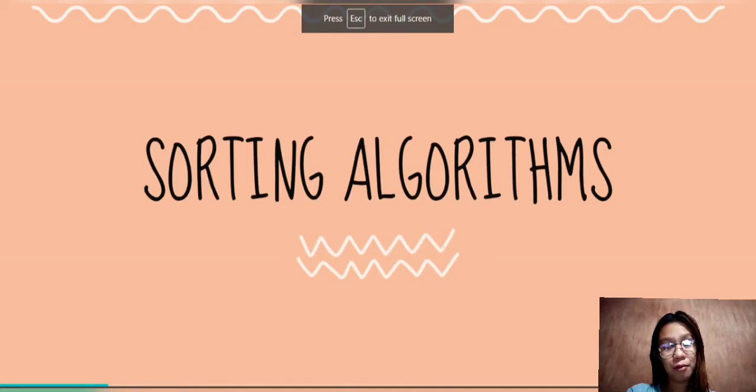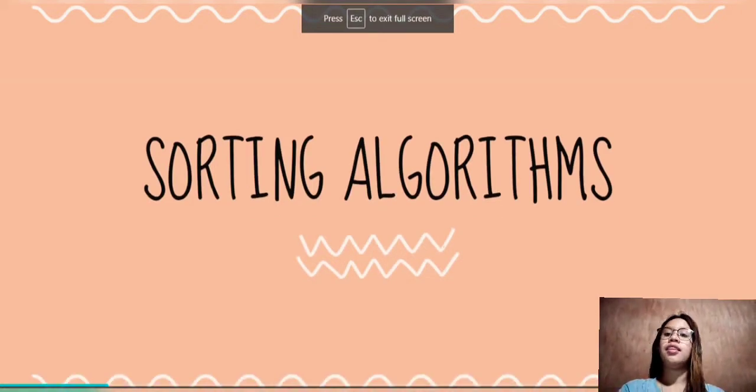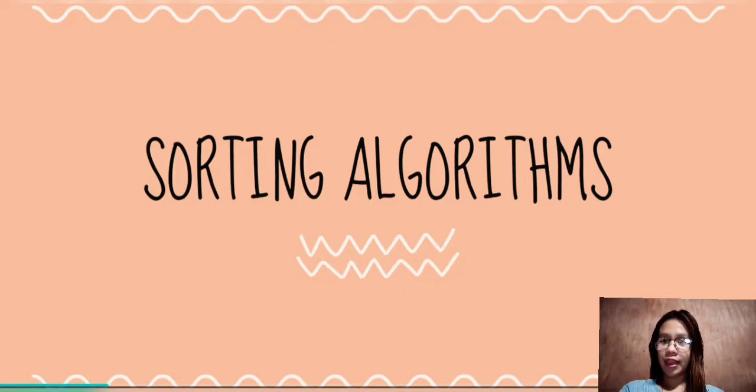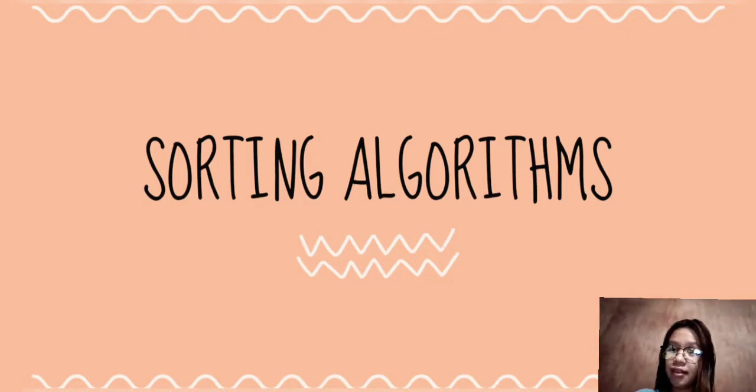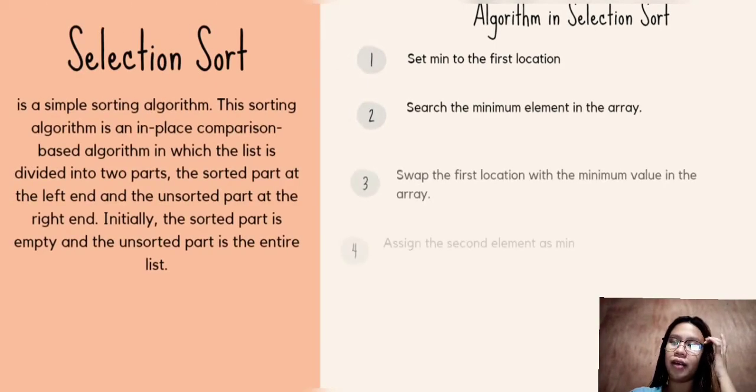So, this time we're going to talk about the sorting algorithm. First, basically, what is a sorting algorithm? The sorting algorithm is the process of arranging a list of elements in a particular order, ascending or descending.